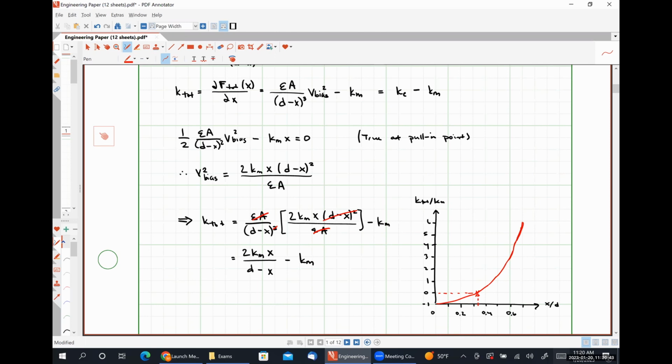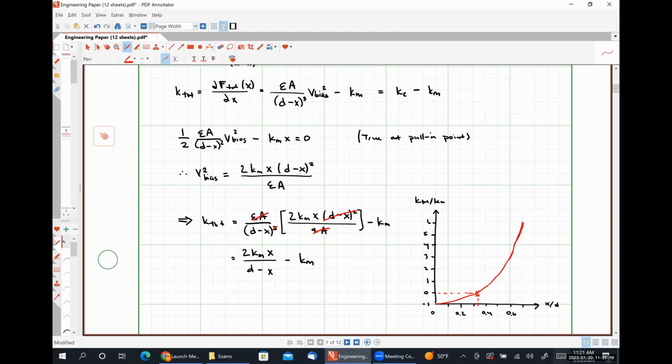And then for any displacement greater than d over 3, our electrostatic spring force is overpowering our mechanical spring force, meaning that a very, very small change in applied bias voltage will cause a very large change in our plate displacement. So we've hit a point of effectively positive feedback, or at the very least, system instability.